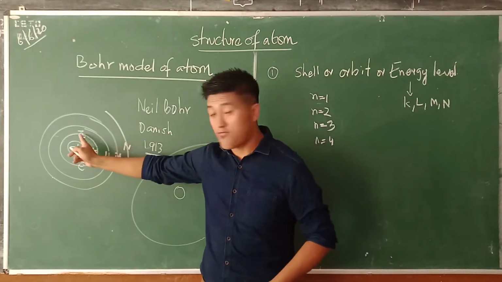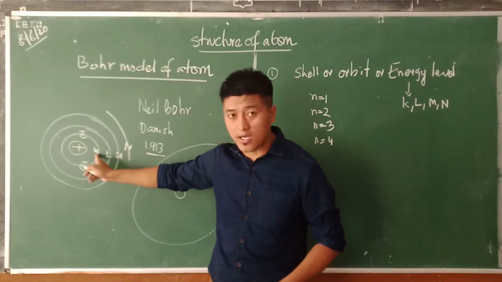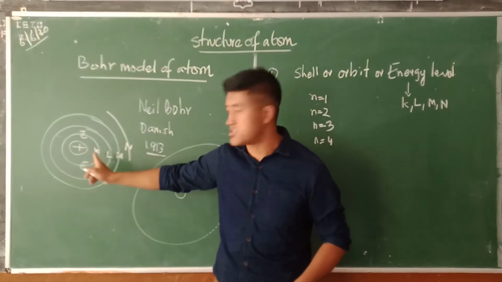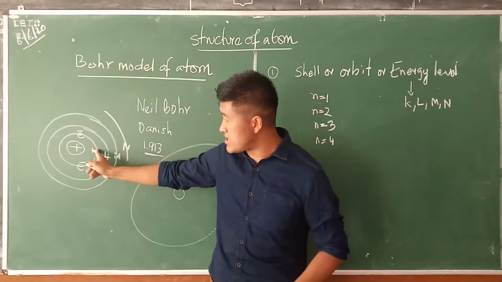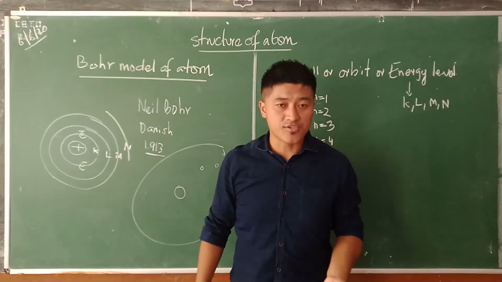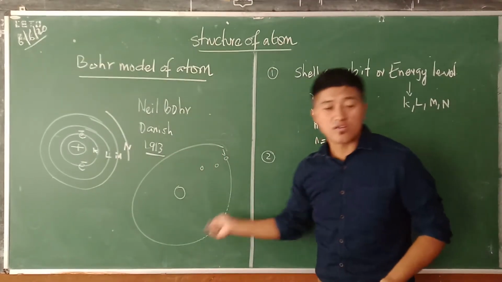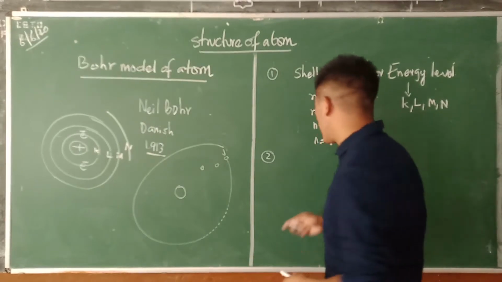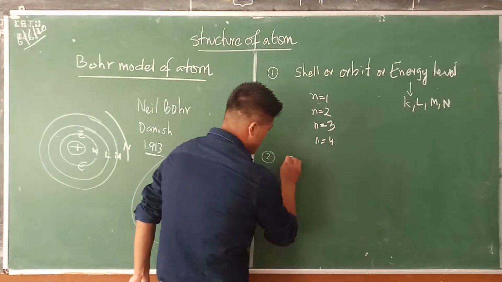This electron, for example, is in the K shell, or K orbit, or K energy level. If the electron in the K shell revolves in its orbit, it never loses its energy, just like the Earth revolving around the Sun. Okay, so I'm going to write here.